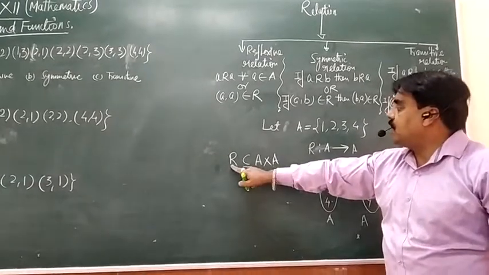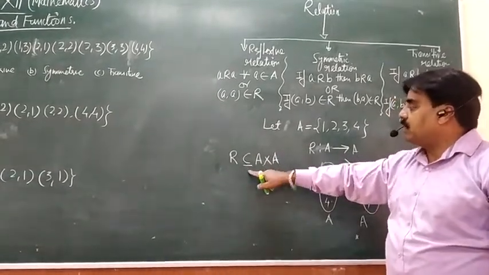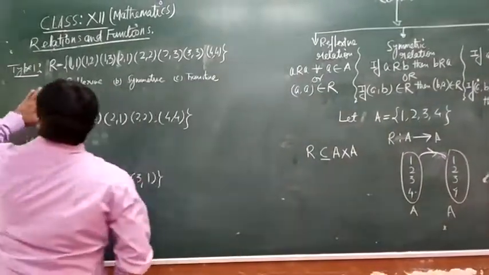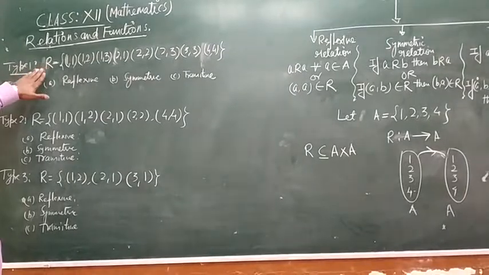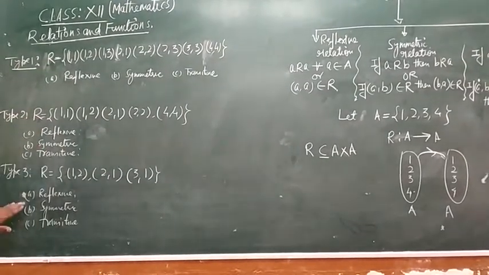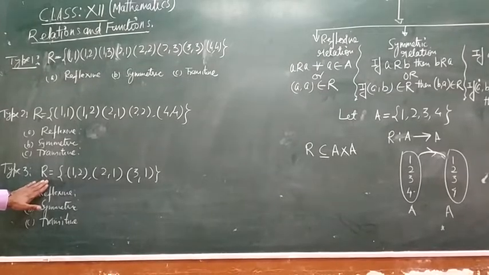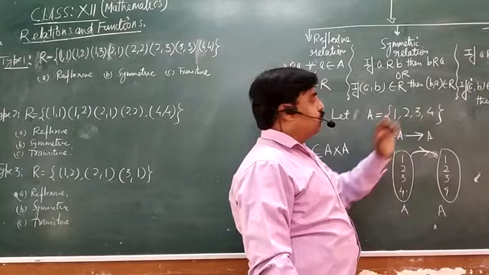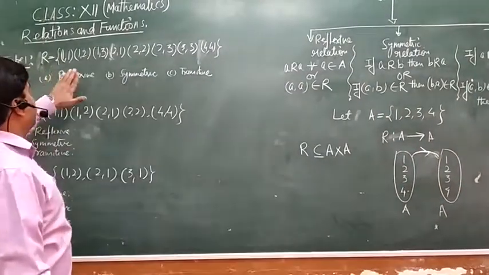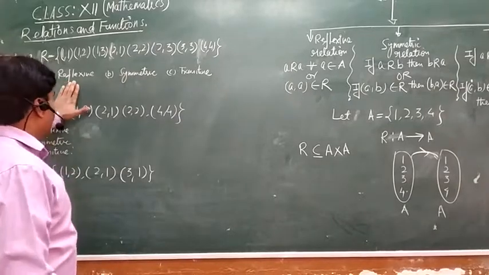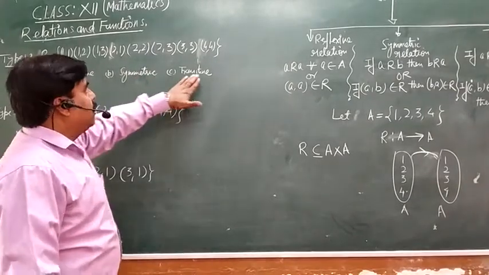And we know R is always a subset of A cross A. Here I am taking a few relations: this one relation R, another relation R, and here is another relation R. But all of these we are taking from the set A, whose elements are 1, 2, 3, 4.